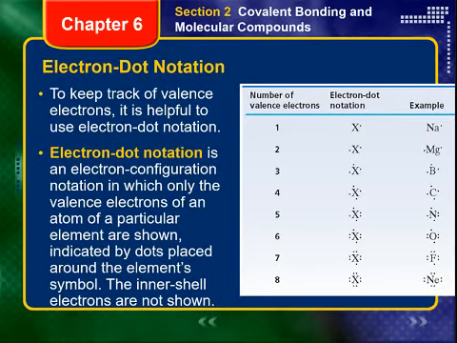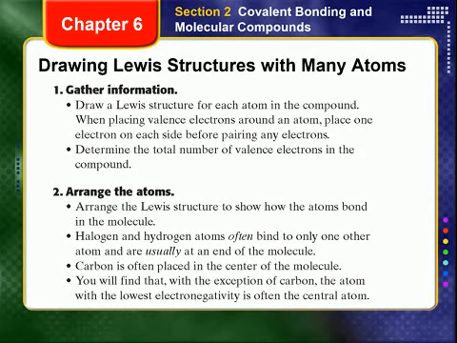In this book and in this course, the electron-dot notations for elements 1 through 8 and their valence electrons are shown on Figure 6.10, which is on page 170 of your text or on screen now. We will use electron-dot notation as a foundation for drawing Lewis structures.